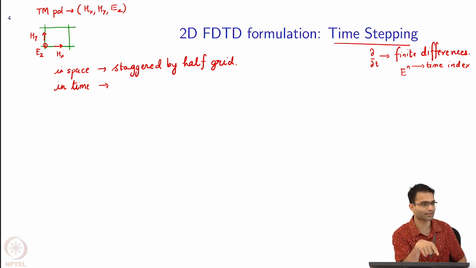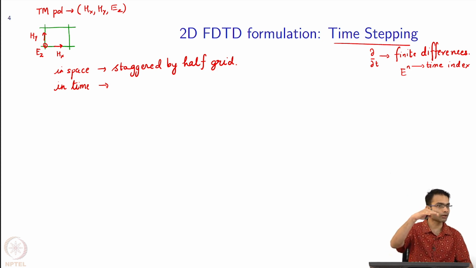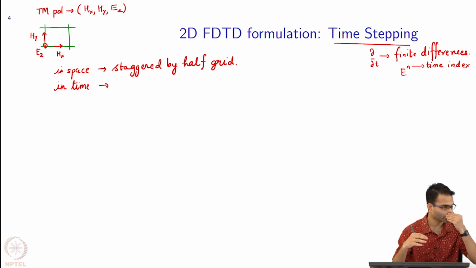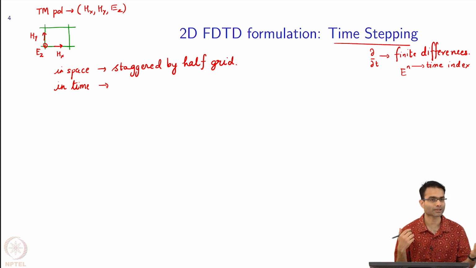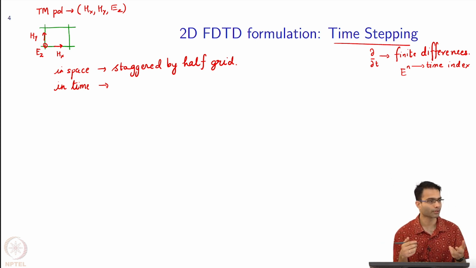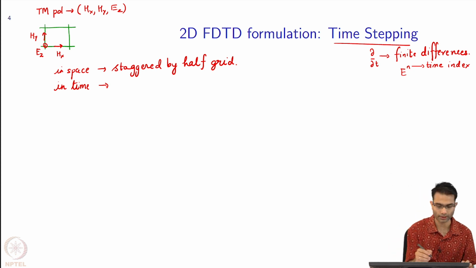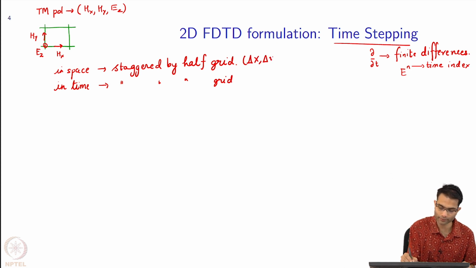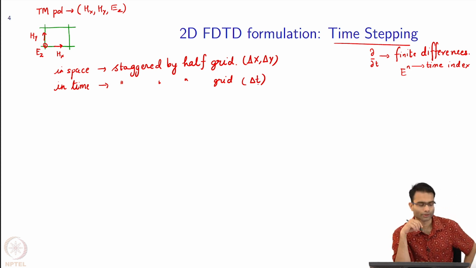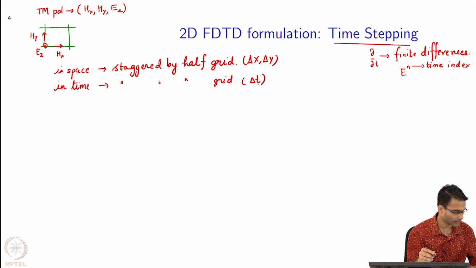So just as there is a delta x, delta y in the stencil, there is also going to be a delta t, right? So the question can be, should I have the variables being updated at the same delta t or some staggering over there as well? So we will see that the same logic, there is nothing special, there is no special preference to space over time. So whatever we do for space is what we will do for time. So we will also stagger them by half a grid. Here it meant delta x, delta y. Here it means delta t. Okay. So let's write it out.